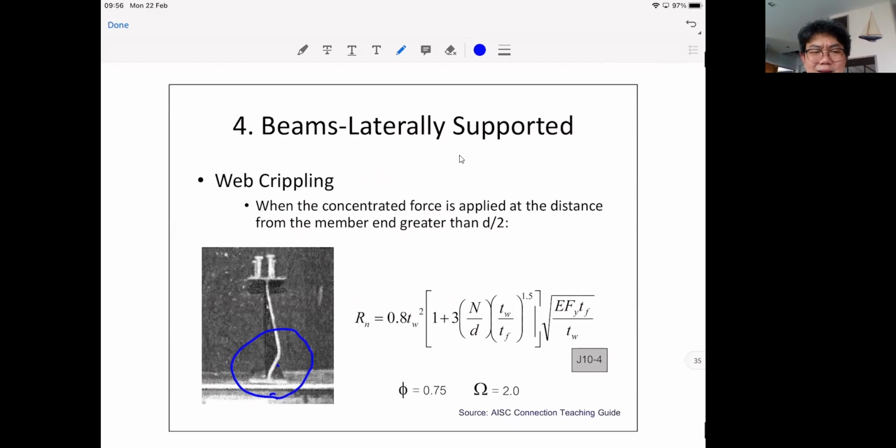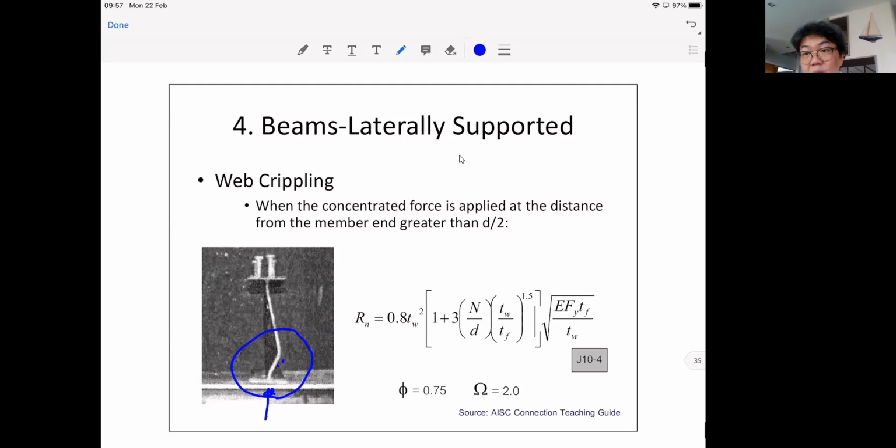It's sort of buckling, but it's a buckling under the concentrated load, and your beam web gives way, and it just goes like that. I cannot take it anymore. The load is applied here, and it caused the beam web to buckle and lose the ability to carry the load anymore.